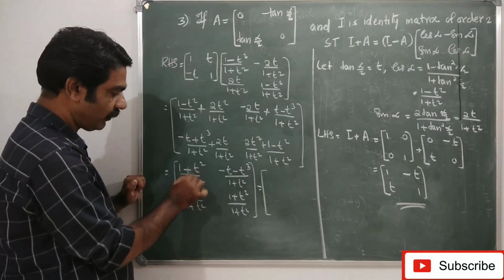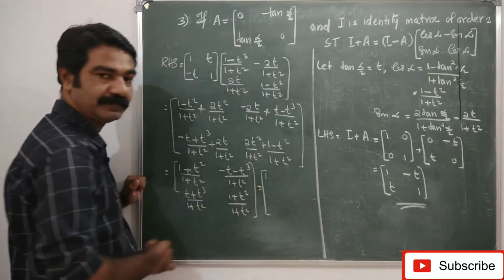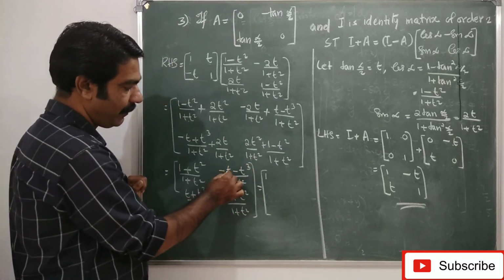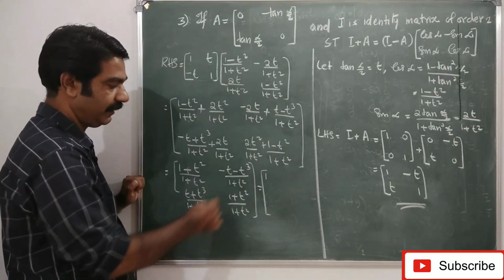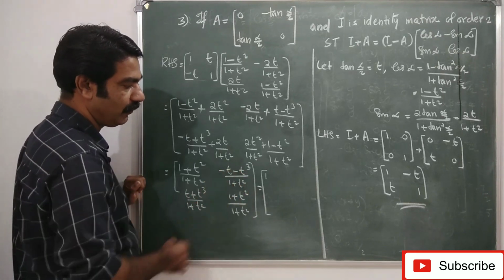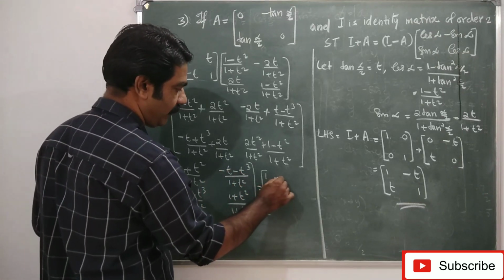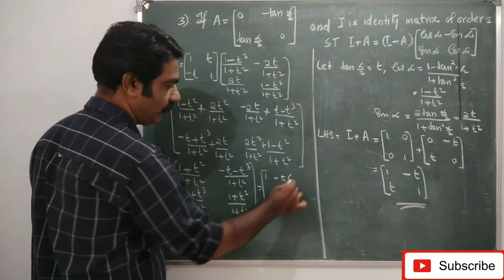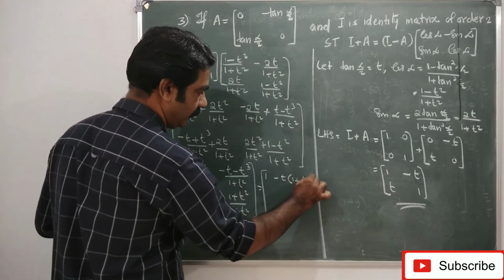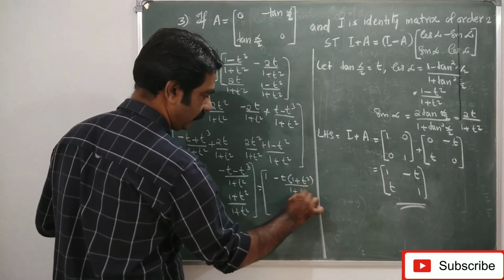So 1 plus t square by 1 plus t square becomes 1. Here minus t and minus t cube, we can take minus t out: minus t into 1 plus t square by 1 plus t square.